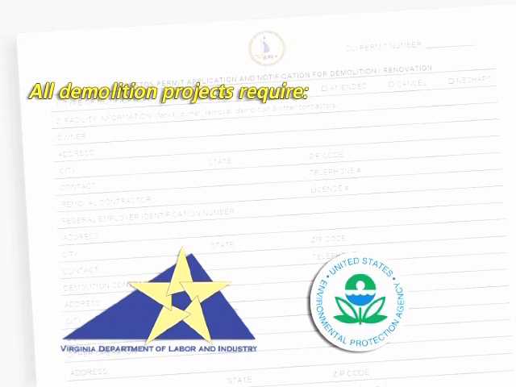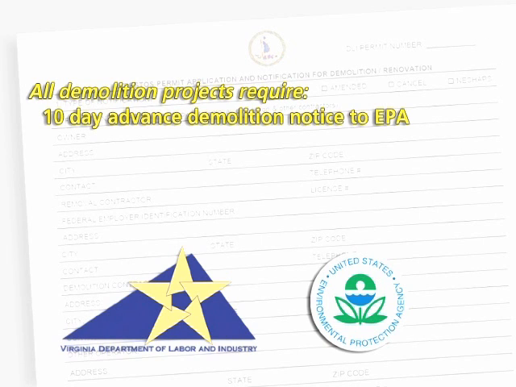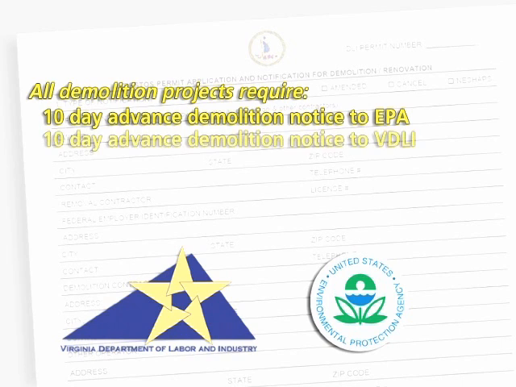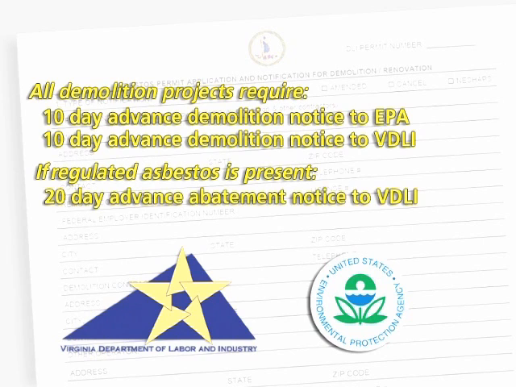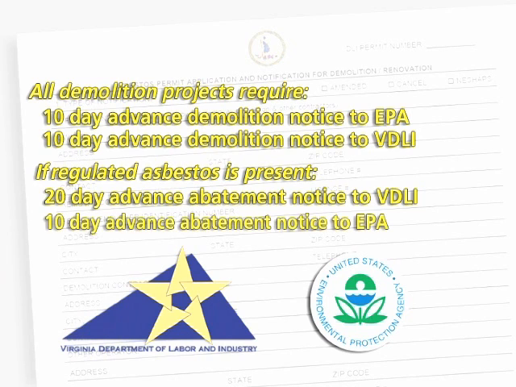Demolition projects require a 10 working day advance notification to the EPA and the Virginia Department of Labor and Industry, regardless of whether asbestos-containing materials are present. If regulated asbestos is present and must be removed or abated, an asbestos abatement notification must be sent to two separate agencies, one to the Virginia Department of Labor and Industry, at least 20 days before work begins, and the other to the EPA, at least 10 working days before work begins.